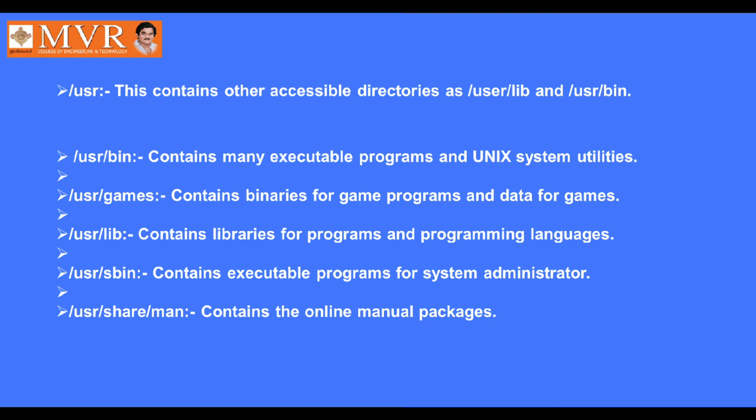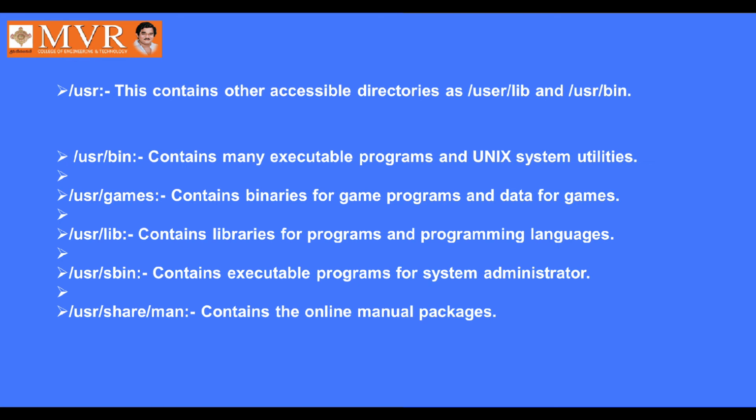In this we have some subdirectories like user bin. So user bin contains many executable programs and Unix system utilities. System utilities means there will be some utilities, similar to Windows, which Unix also uses. So those programs or utilities, you may call them, will be stored in this user bin.